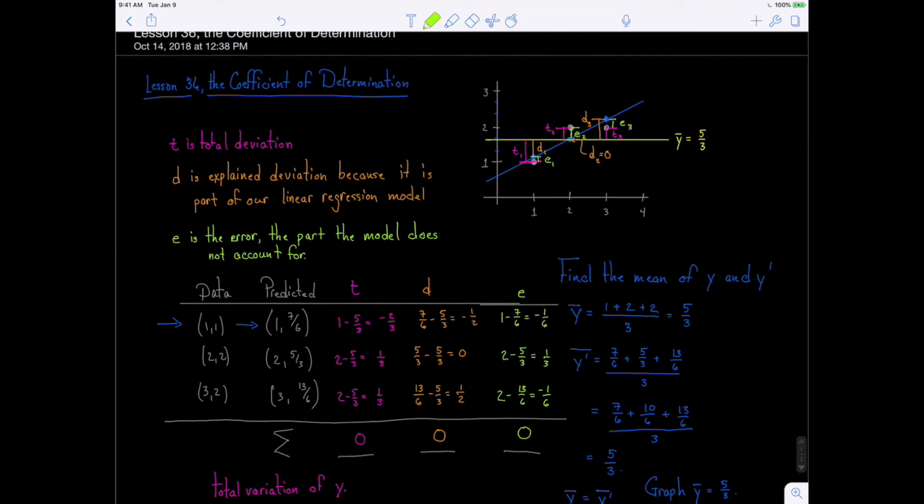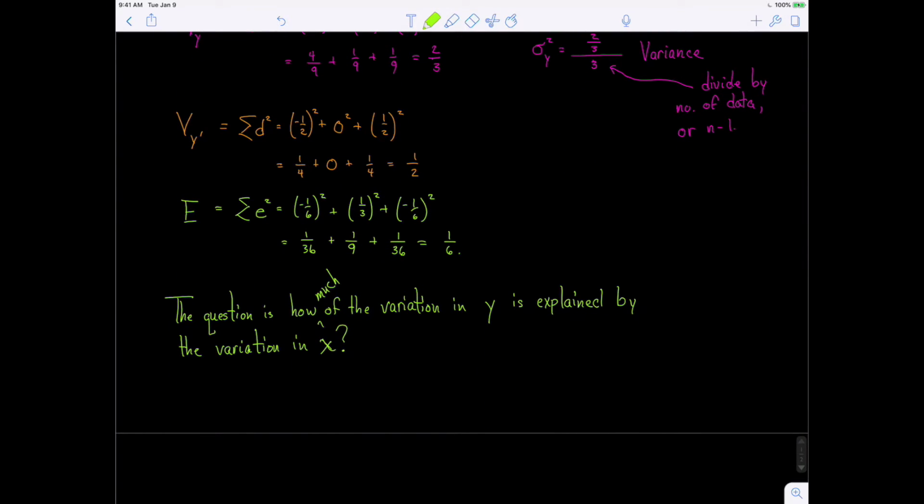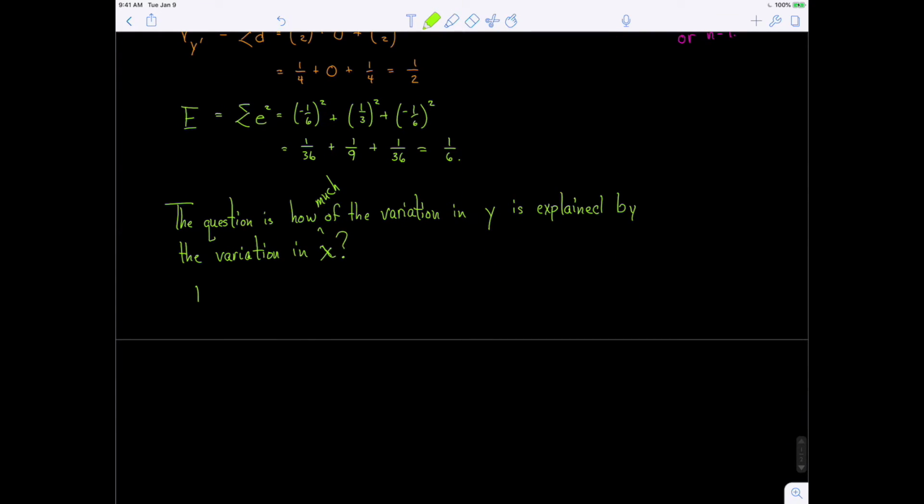So the question is, what percentage of the irregularities that we're seeing between the actual and the predicted is a result of, or the success of, our model? What percent is that? When you say how much, you could also think of it as a percent.